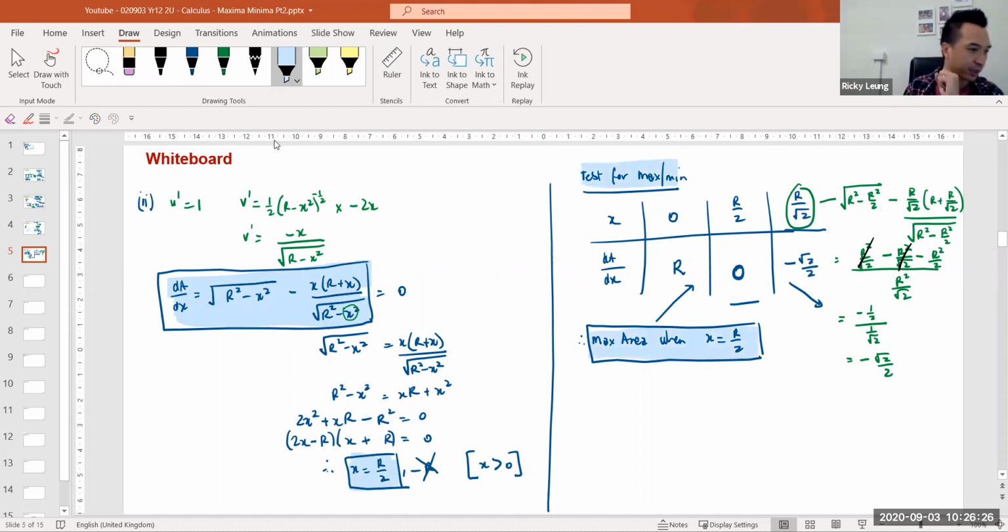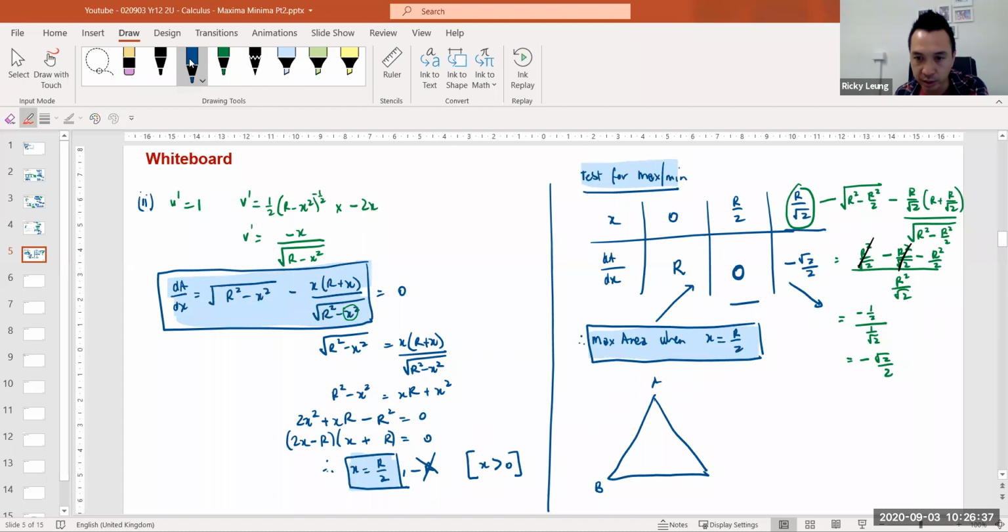So it's telling me to show that it's an equilateral triangle. If I finish this question off by going, okay, what was my triangle for ABC? So A, B, C looked like that. I know that this was X and this was R. Now, what do I need to prove an equilateral triangle?